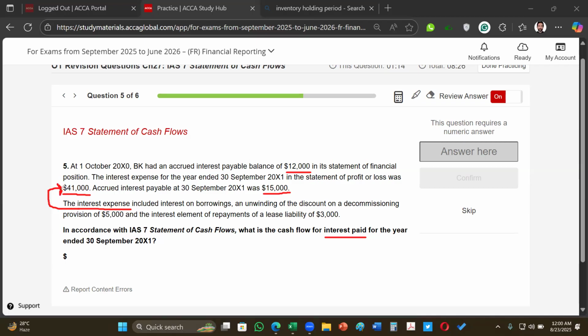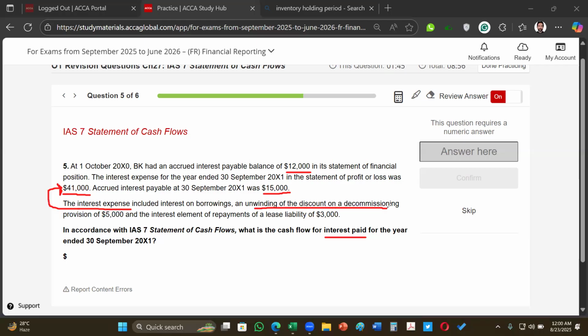Now what does this include? It included interest on borrowings, and an unwinding of the discount on decommissioning provision of 5,000, and the interest element of repayment of the lease liability. So here we have this unwinding of the discount on the decommissioning. This is an interest cost, but that is not related to cash flow.